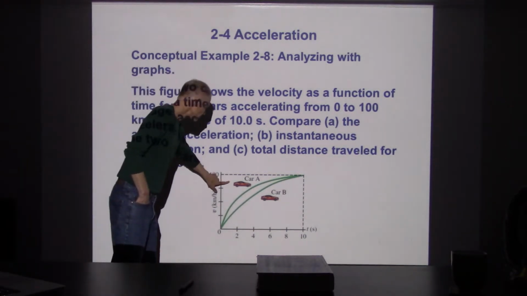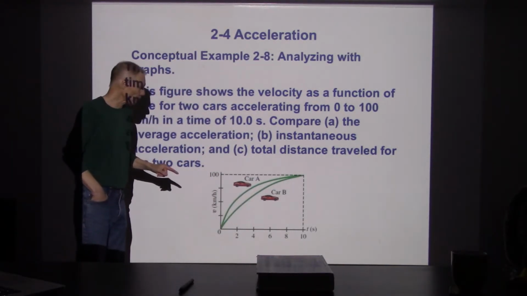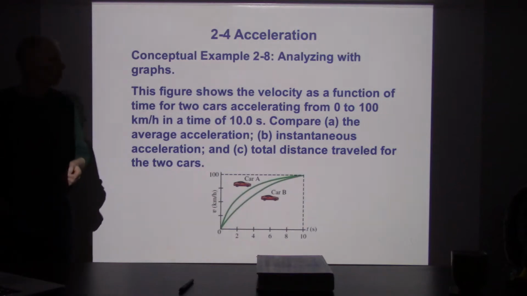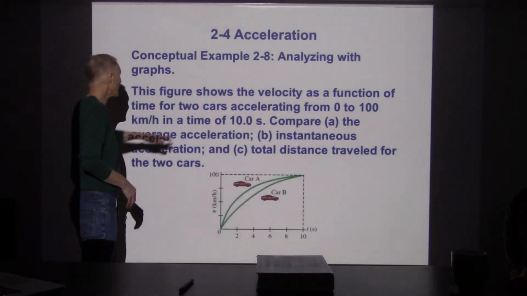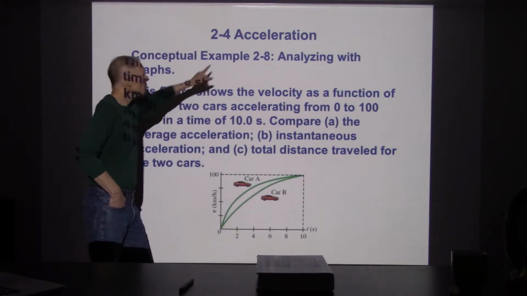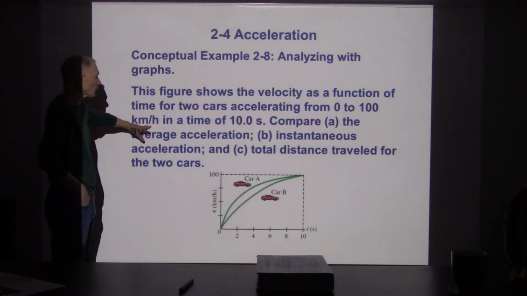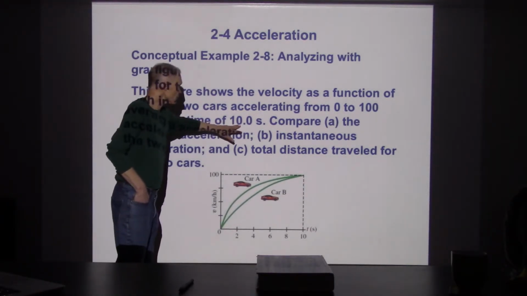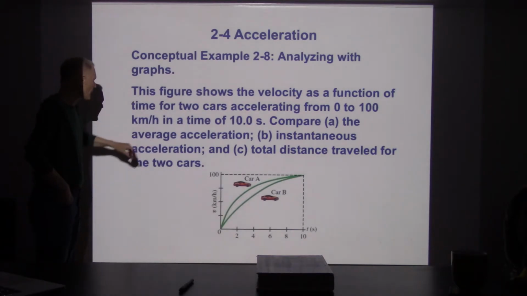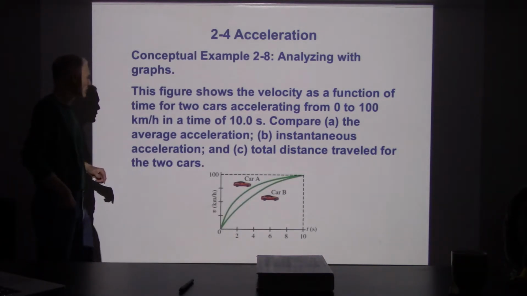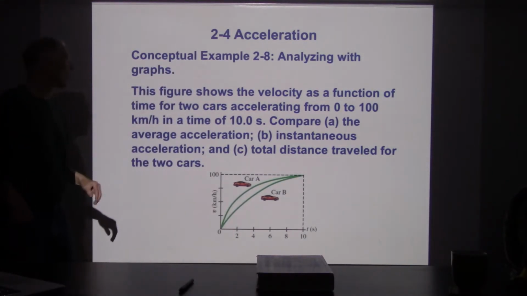Car A and car B, during a 10-second interval, have accelerated, the words are telling us the same thing, from 0 to 100 kilometers per hour in 10 seconds. So compare average accelerations and instantaneous accelerations and total displacement for the two cars.